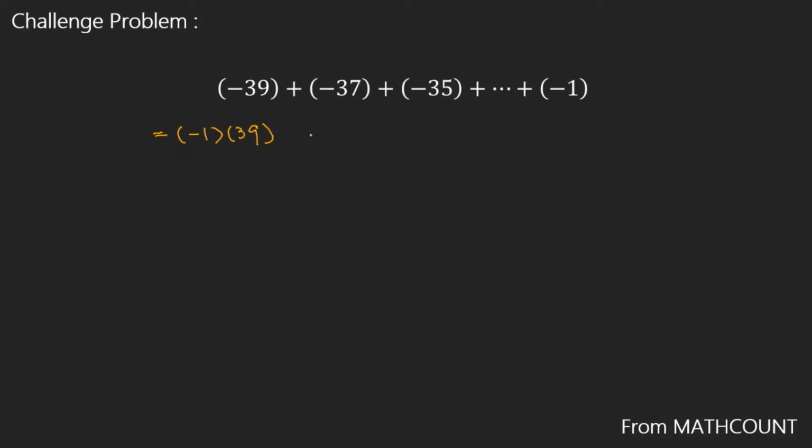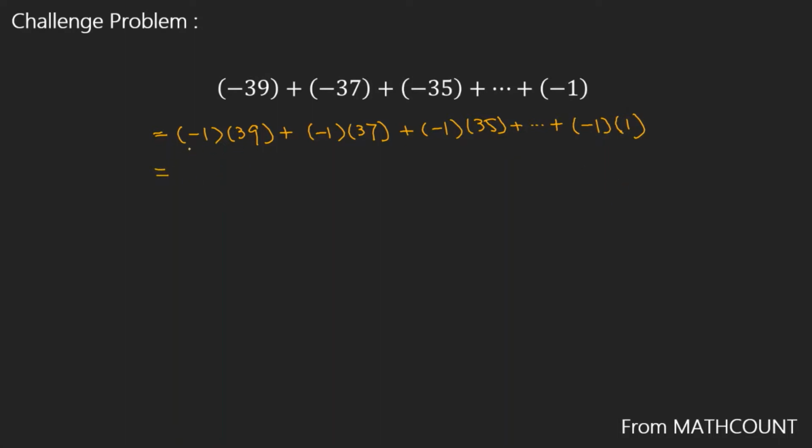And similarly, for the next term, we have negative 1 times 37, which is negative 37, plus negative 1 times 35, plus so on and so forth, plus negative 1, which is negative 1 times 1. Okay, you will see the reason why we write it this way.